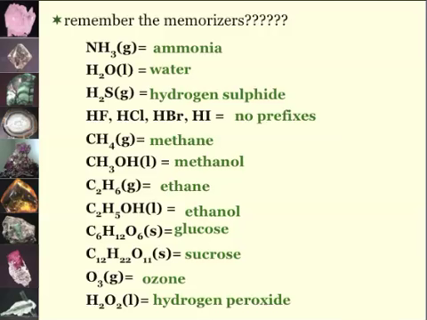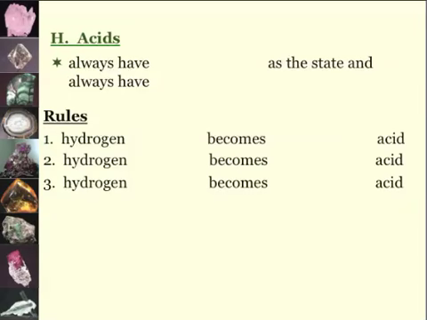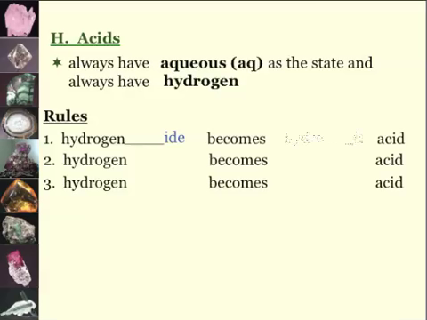Alright? Now we're going to move into some acids. Acids always have the aqueous state and they always have hydrogen. Okay? So the rules for naming this: if we have hydrogen blank-ide, it will become hydrochloric, or hydro-something-ic acid.